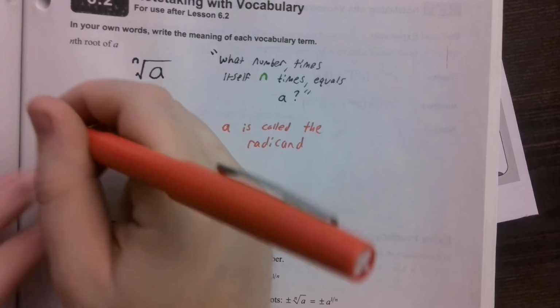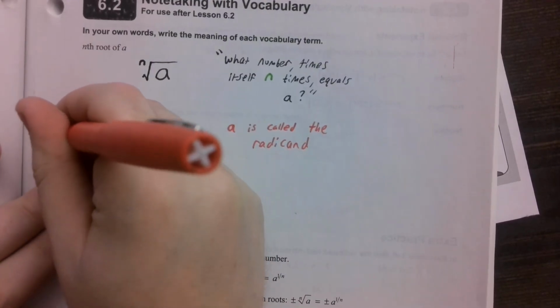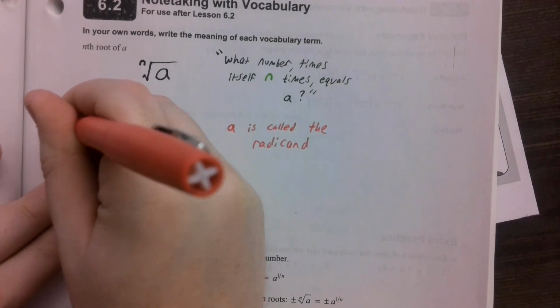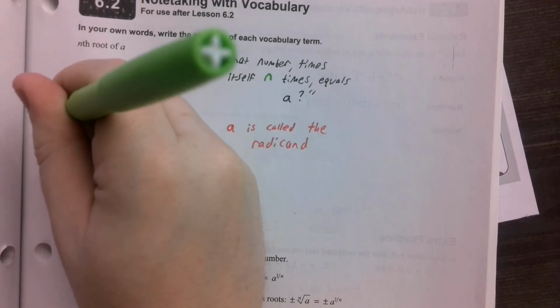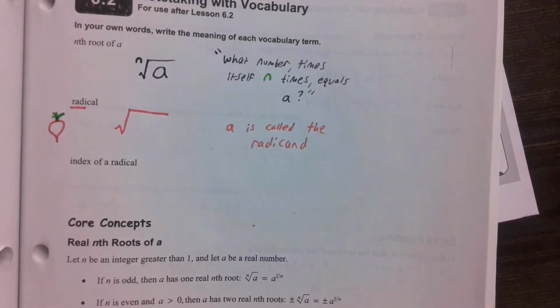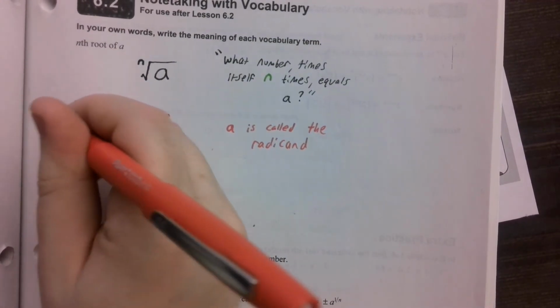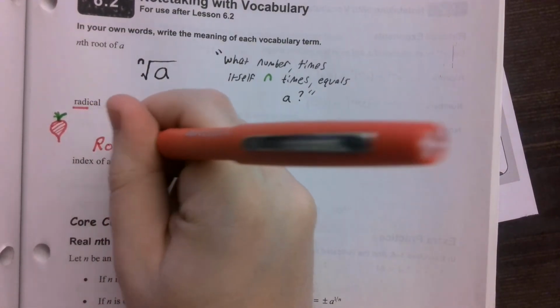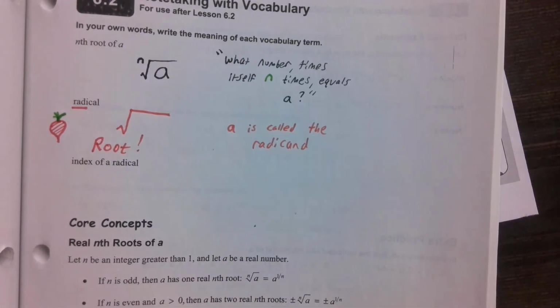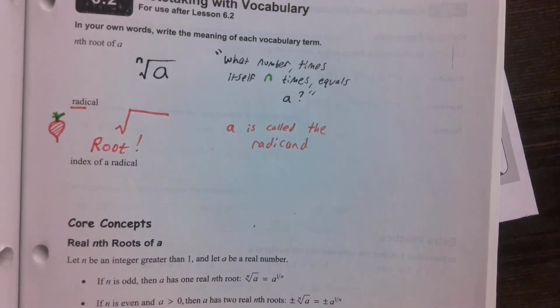A radish is a root. And what we're talking about are roots. Radical and radish both mean root. Kind of an interesting little tidbit there.